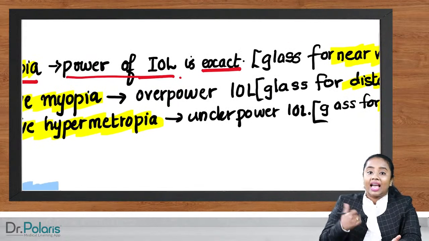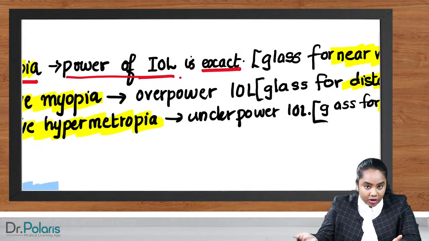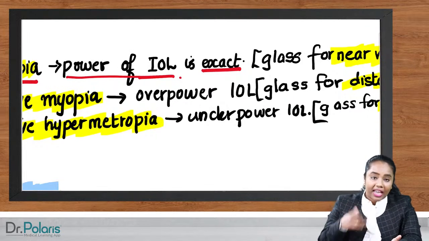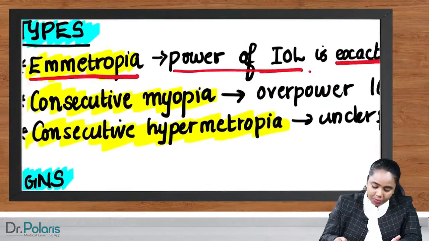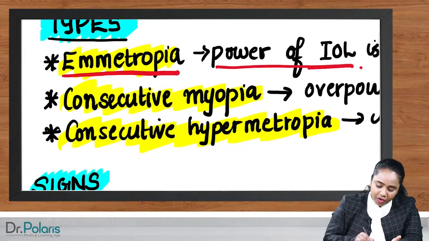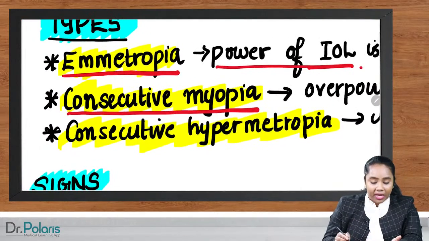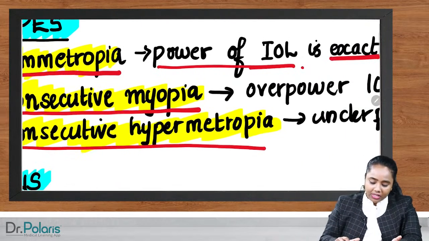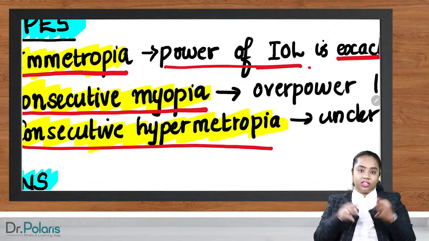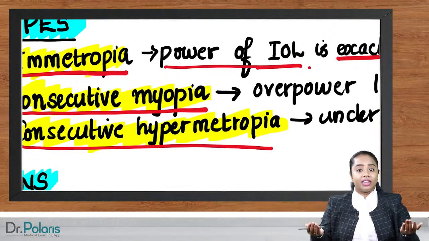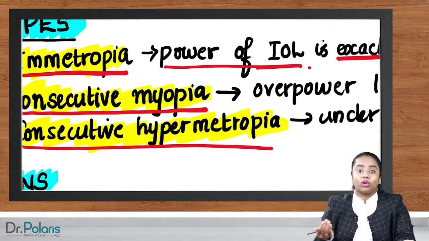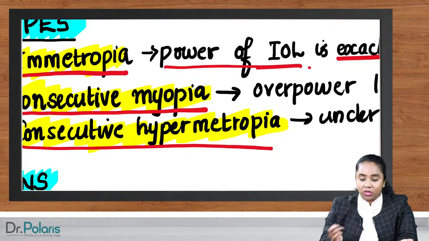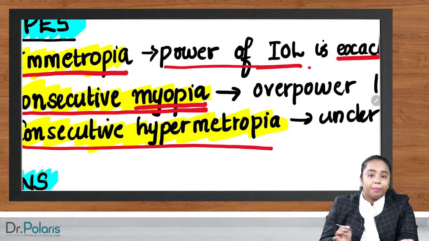But there can be an overpowered IOL or an underpowered IOL inserted into the patient. In that case, the patient can develop 2 important conditions: the first one being consecutive myopia and the second one being consecutive hypermetropia. Obviously, if the power of the intraocular lens implanted is more than the desired power, the patient will end up having consecutive myopia.